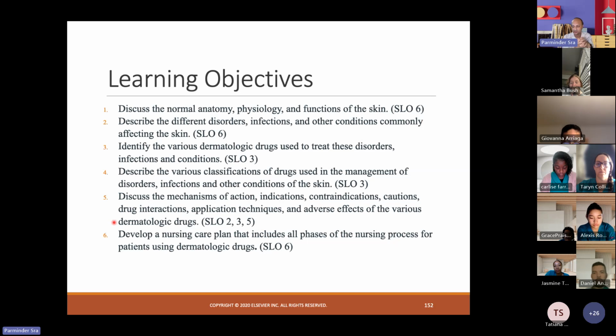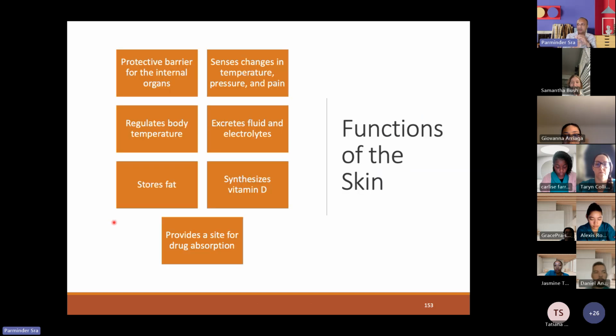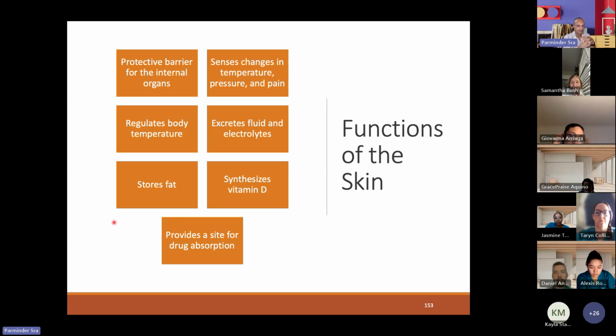And any interactions, contraindications, adverse effects, as well as important points for developing a nursing care plan or educating your patient. So when we talk about dermatology, the first thing that comes to mind is skin, putting stuff on skin.